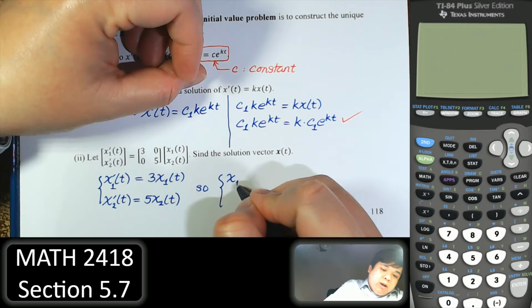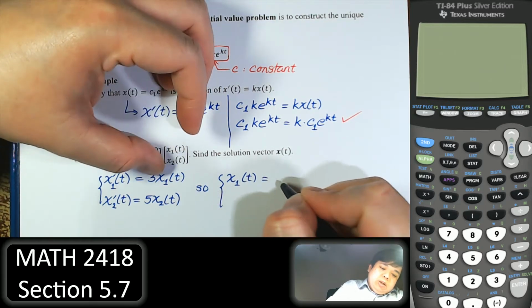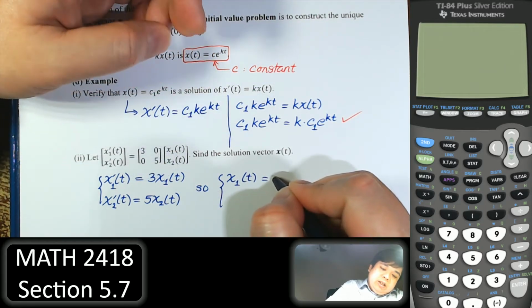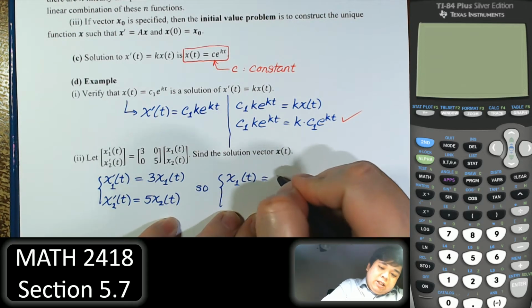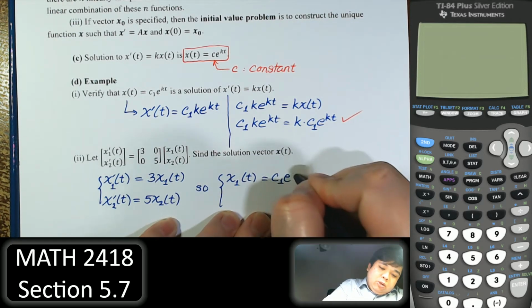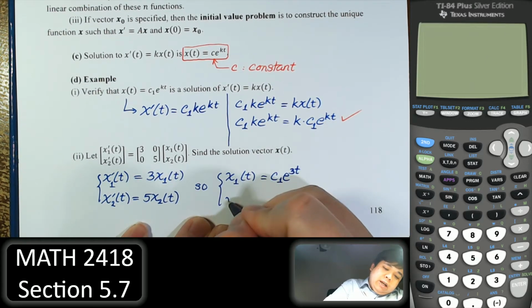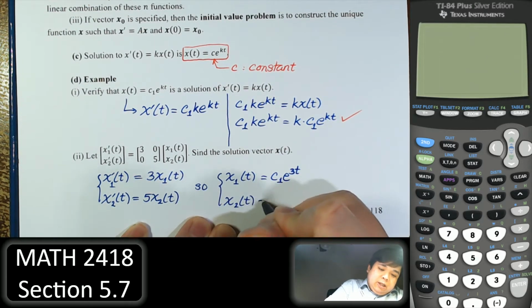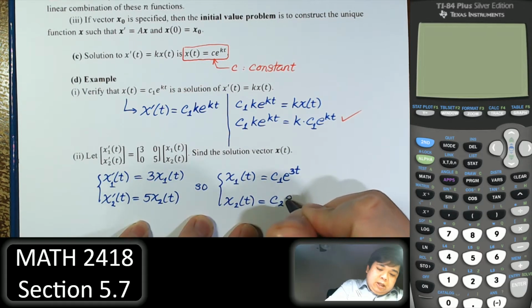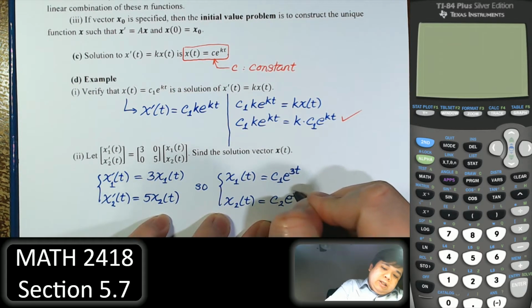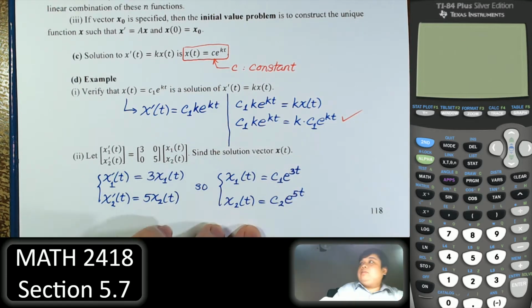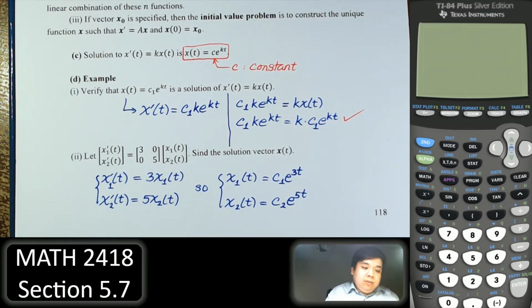We say x1 of t is equal to c1 e to the 3t, and x2 of t is c2 e to the 5t. So that's simple.